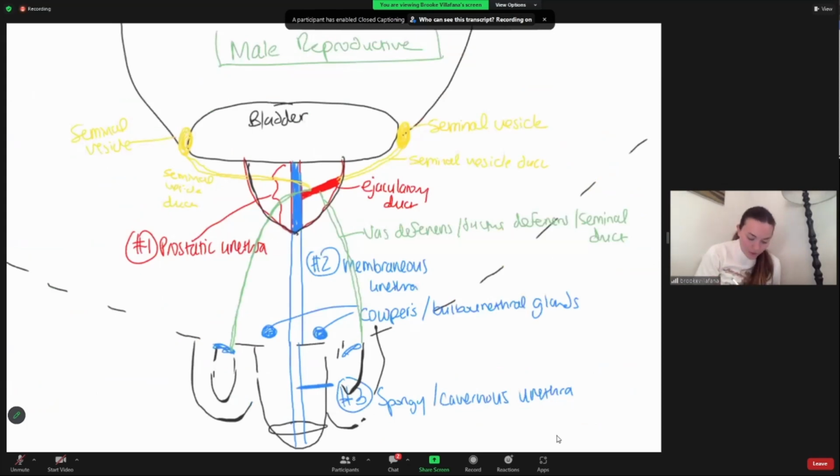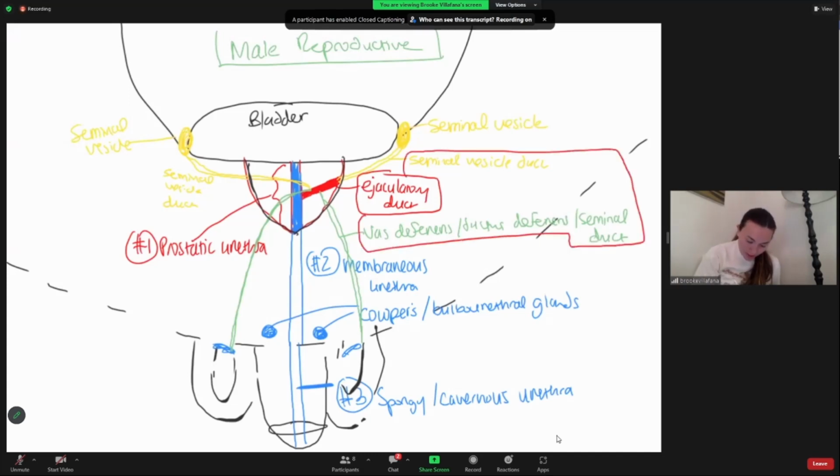If the ejaculatory duct is getting the vas deferens, ductus deferens, seminal duct, and the seminal vesicle duct together, it's going to feed that into the actual urethra, right? The prostatic urethra has the components of the prostate, which is the two enzymes, and the Cowper's or bulbourethral gland will send its products right here.